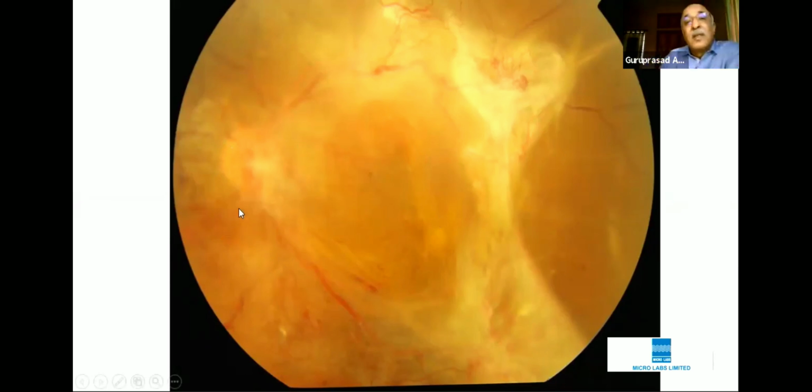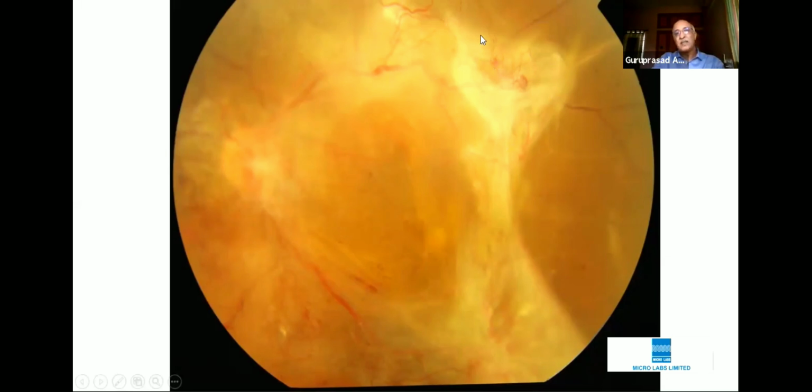Coming to the left eye, here again the disc, we will not go into the details of size, color and shape, but it is enough to say that there is fibrous tissue covering the disc, which is elevated, and it is fanning out along the superior arcade and along the inferior arcade to an area temporal to the macular area.